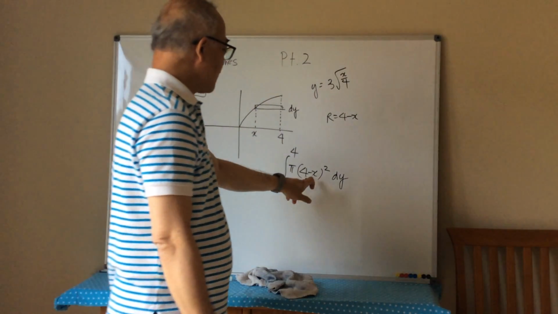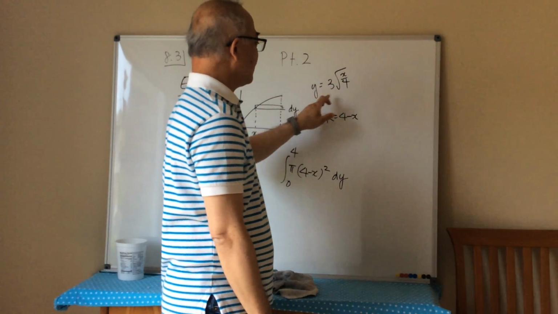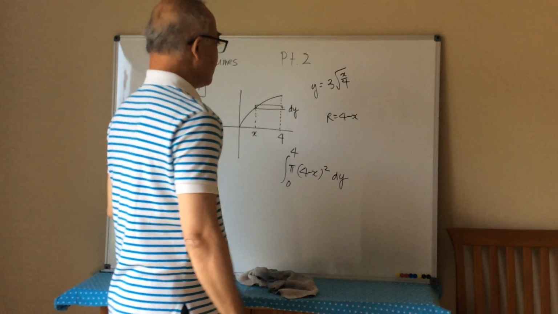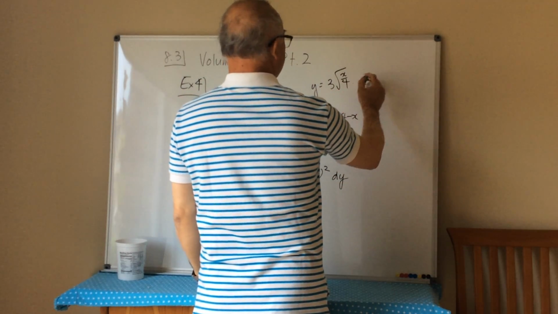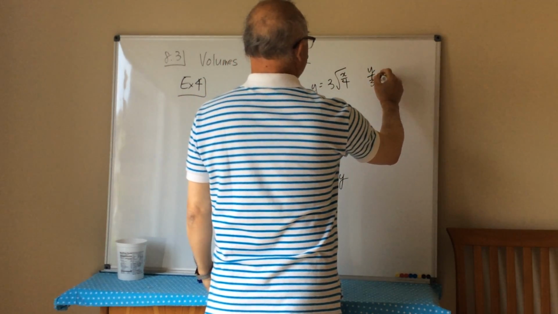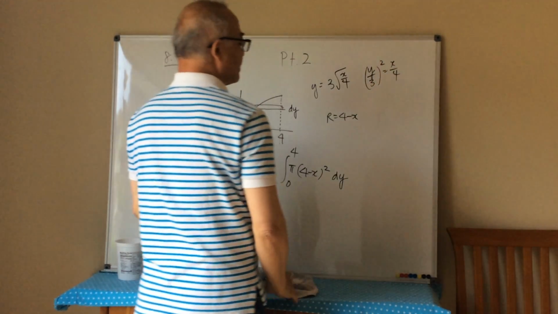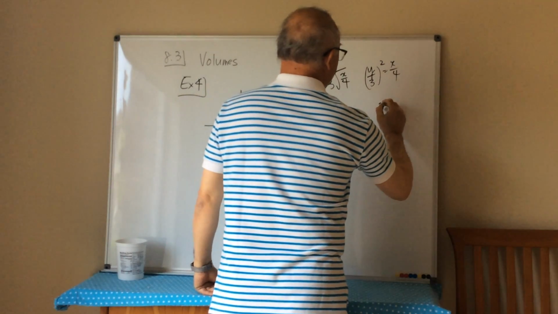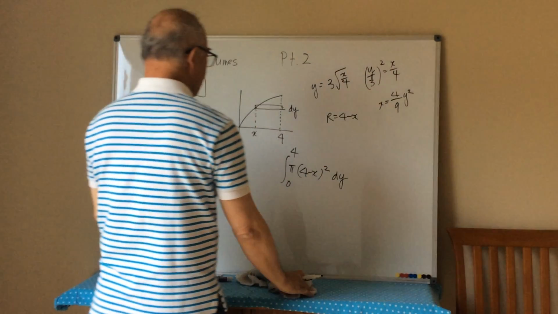The only problem is here I have an x, so I have to realign this to have something with an x. So I have to solve this for x instead of y. So I'm going to get y over 3 squared is that. So x is going to be equal to 9 over 4 y squared.